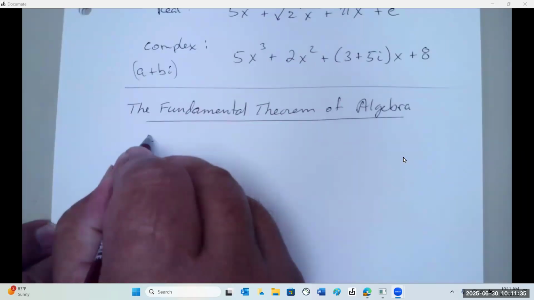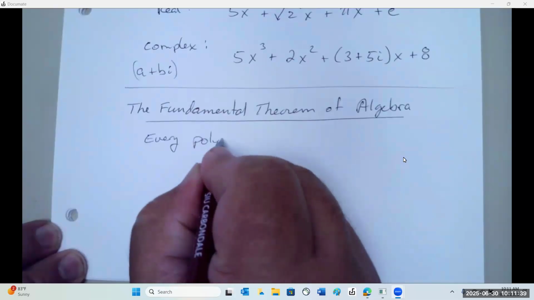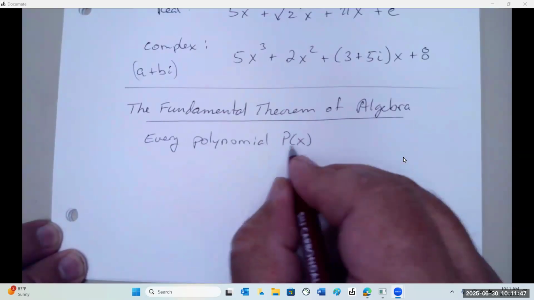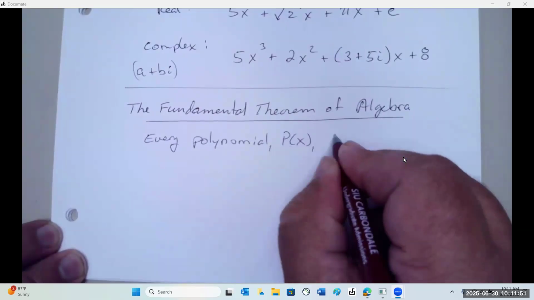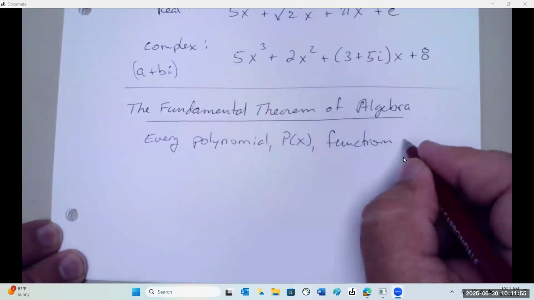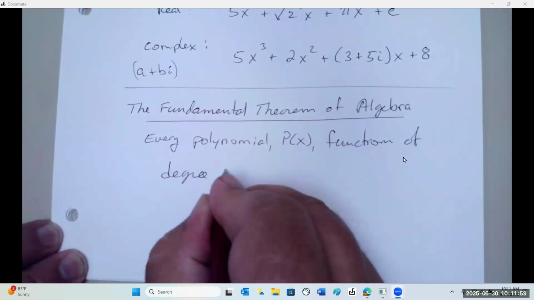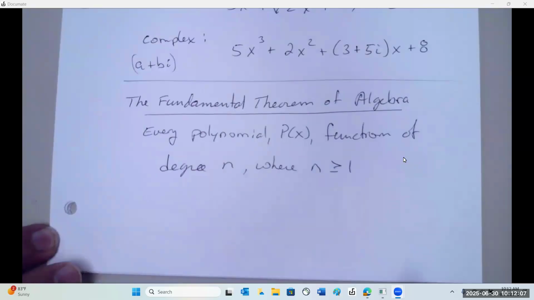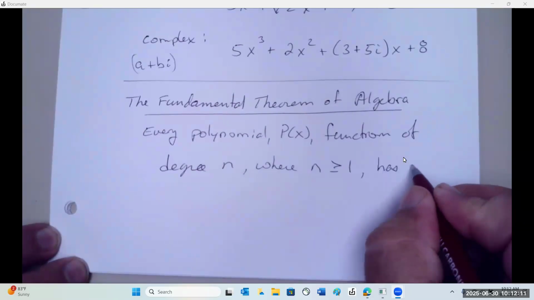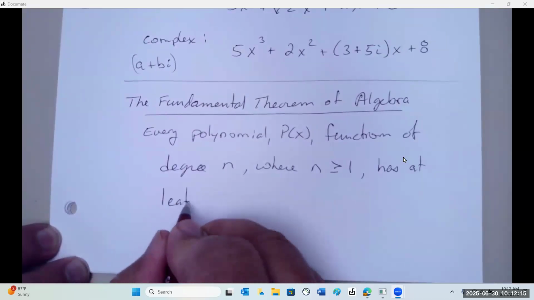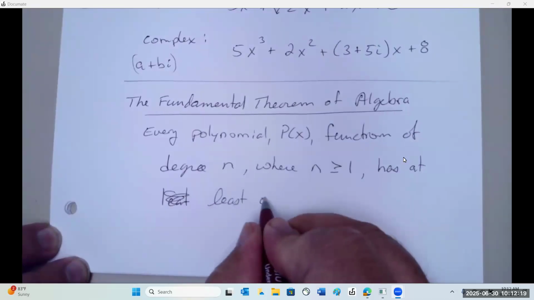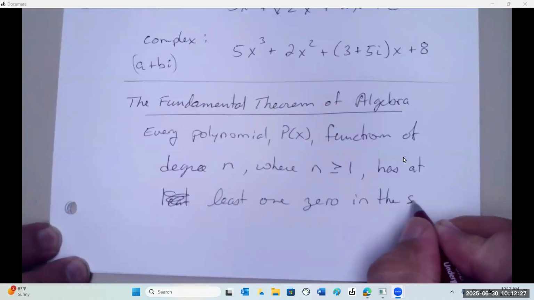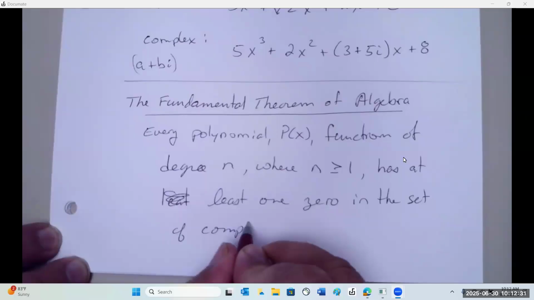The fundamental theorem of algebra says this. Every polynomial function p of x of degree n, where n is greater than or equal to 1, has at least one zero in the set of complex numbers.